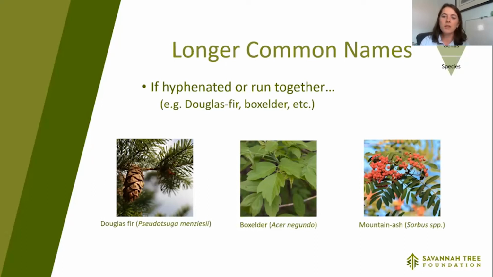And mountain ash is not actually an ash, since it is in the Rosaceae family and the Sorbus genus, and ash trees are in the Oleaceae family and the Fraxinus genus. I have included the pyramid at the top right as a reminder of how the family, genus, and species tend to go from least specific to more specific.